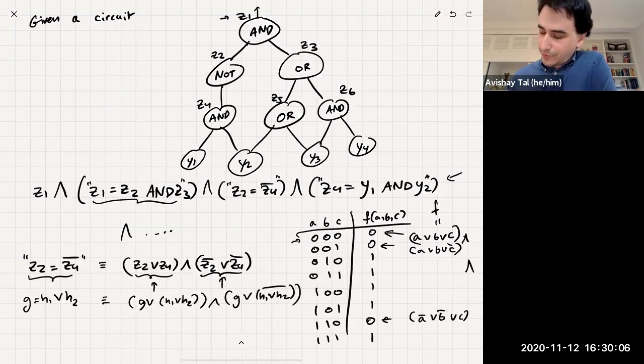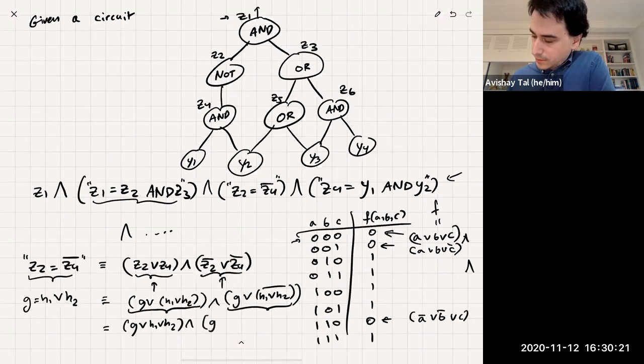You can further open this up: the first thing is already a clause. The second thing is not a clause, but you can write it as G or H1 not, and G or H2 not.